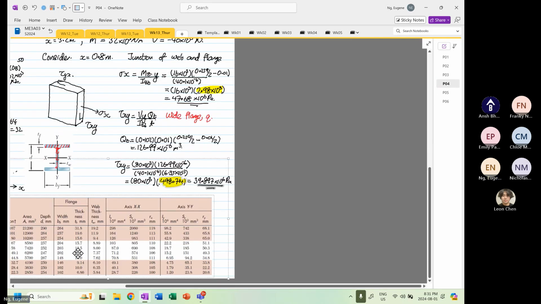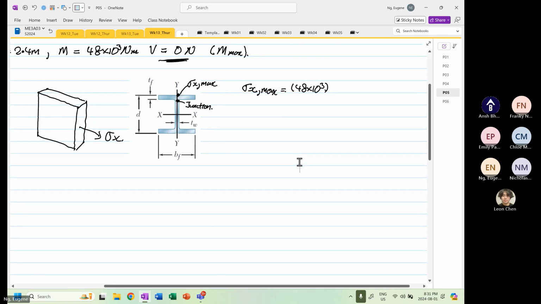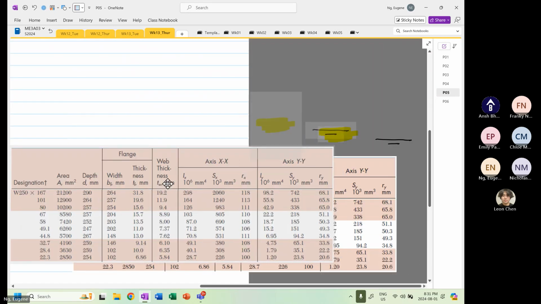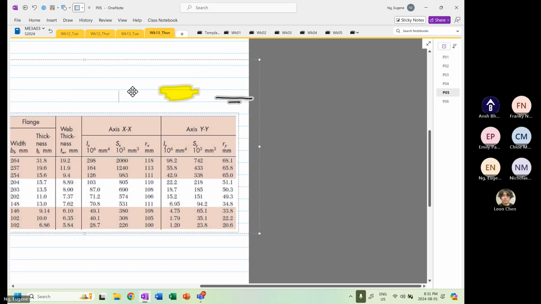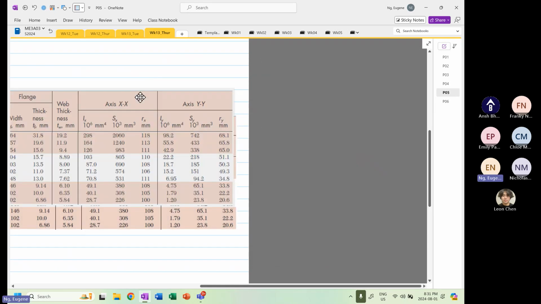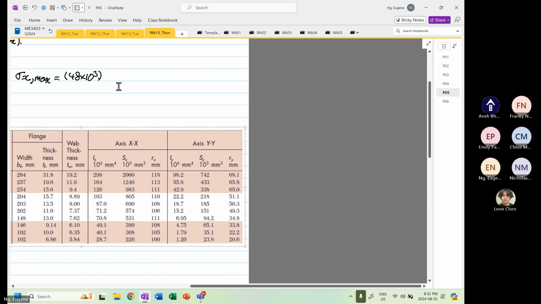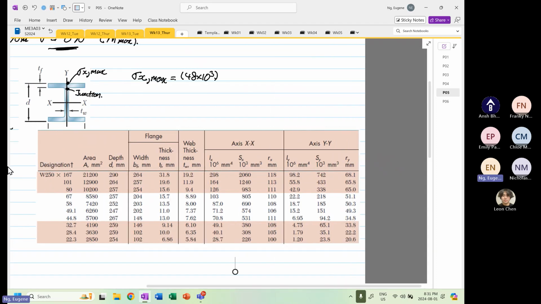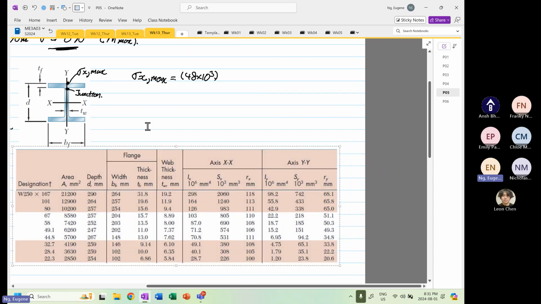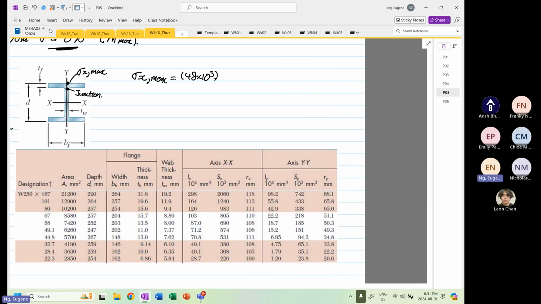Okay. So now your y distance changes. The y distance is changed because now your y distance, the z is still the same. The Izz is still 40.1.